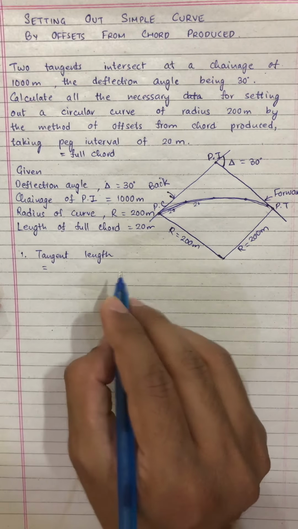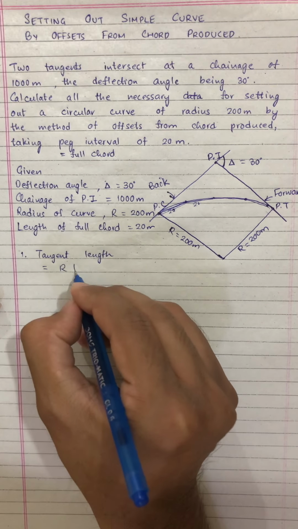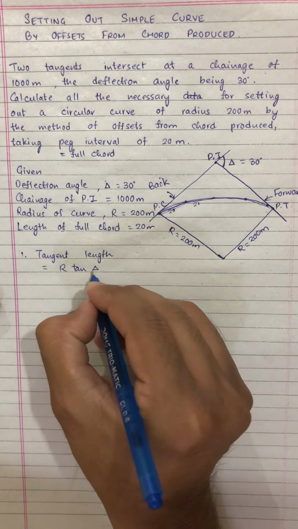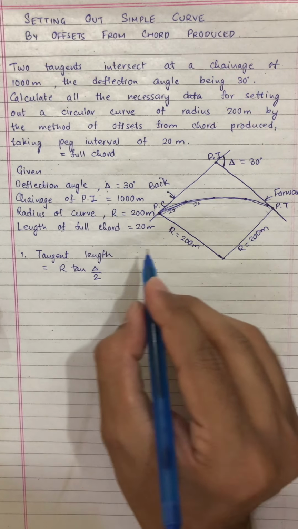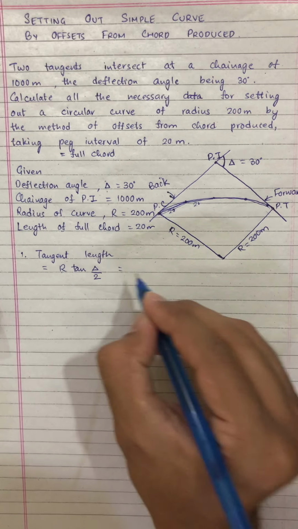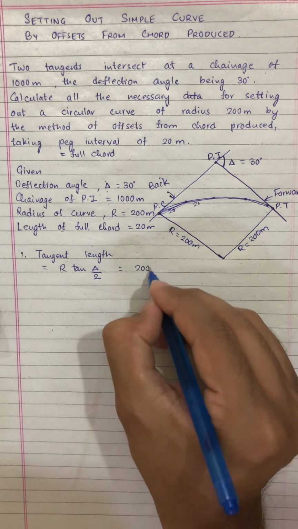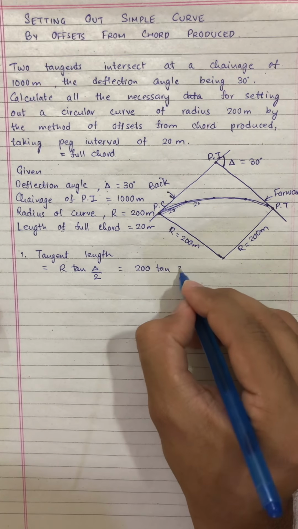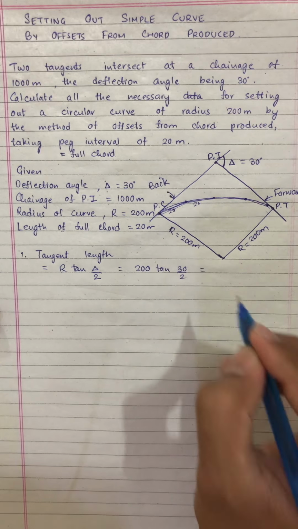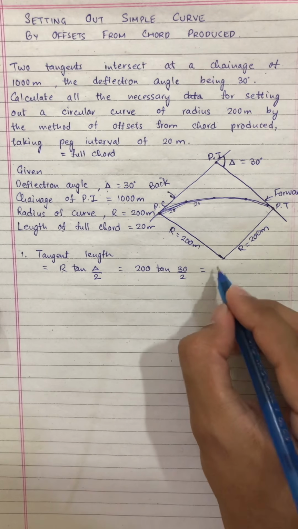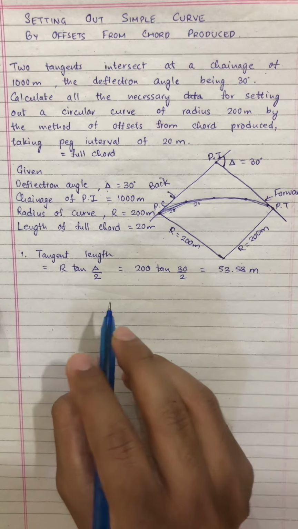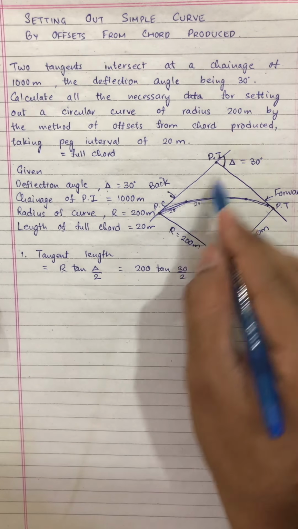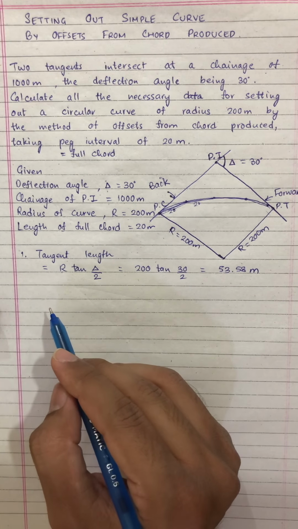The formula for tangent length is R tan delta by 2, where delta is the deflection angle and R is the radius. So this will be 200 tan 30 by 2. On calculating, we get this value as 53.58 meter. So we calculated the tangent length.